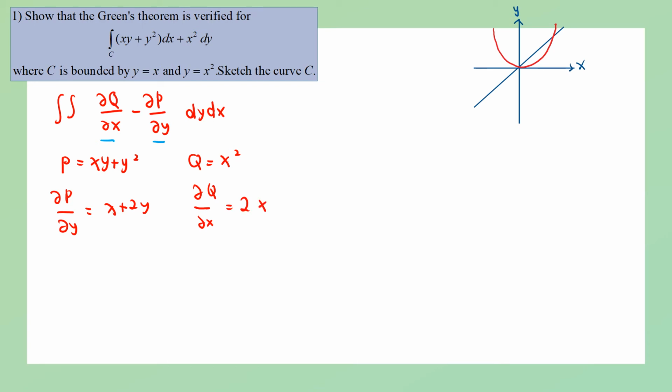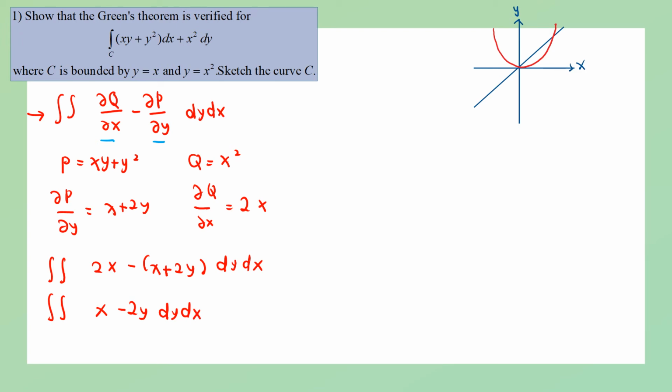Next, you substitute in this. You get the double integral of 2x minus (x plus 2y) dy dx. So when you simplify it, you will get x minus 2y, dy dx.